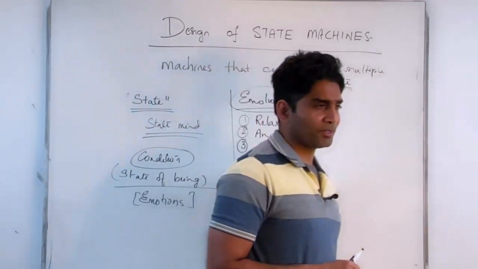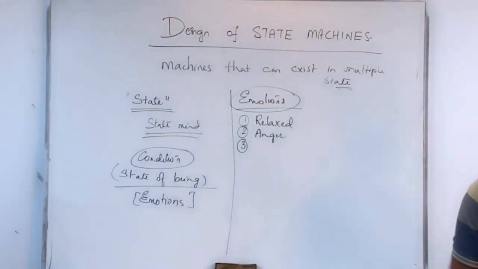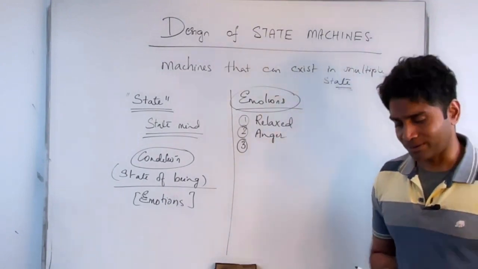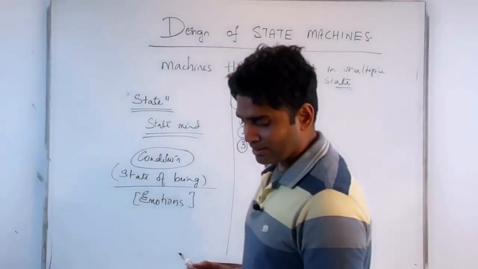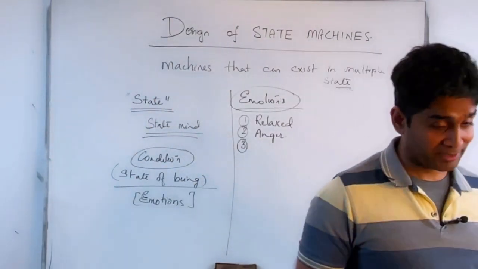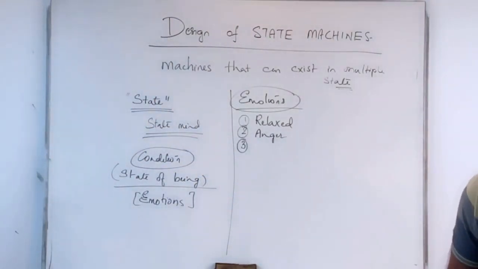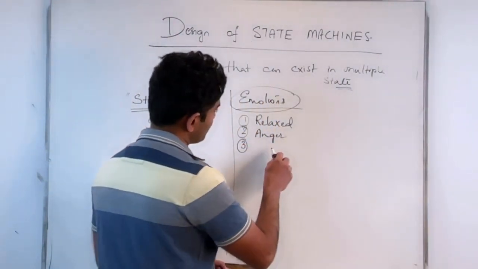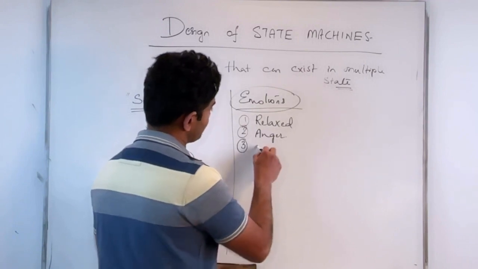Just to give you an idea of how the other classes compared, I think the maximum we had was 28 different emotional states. 28. Rage, nervous. Okay. Anger, okay, rage.